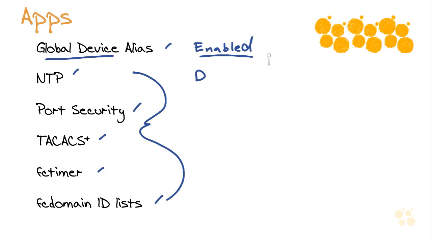So there's a lot of services, many services, apps that can take advantage of this environment, and you'll need to check for your particular application whether or not it is enabled by default.